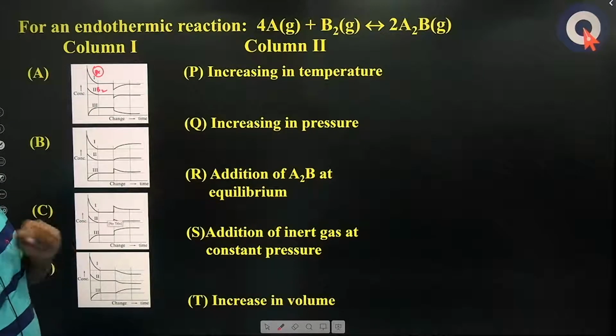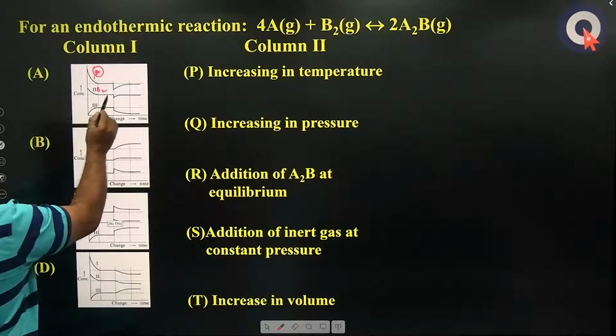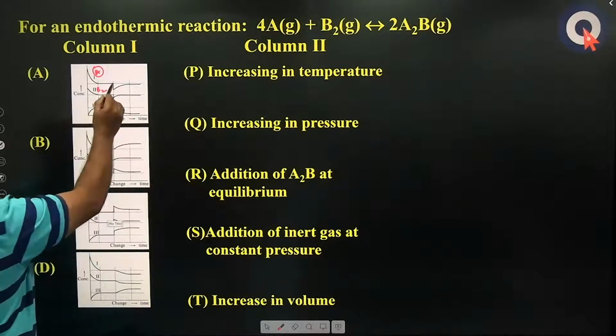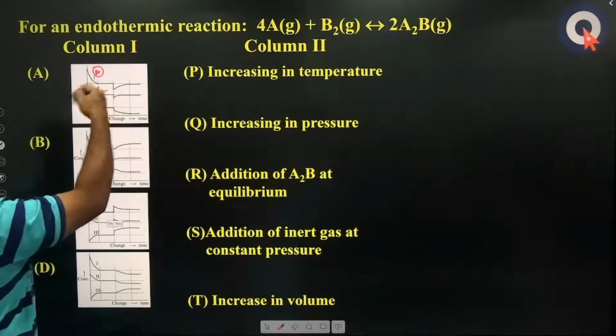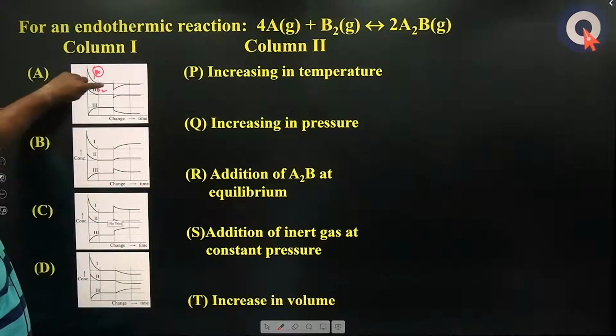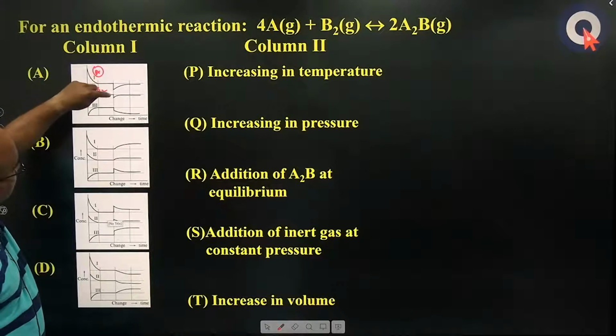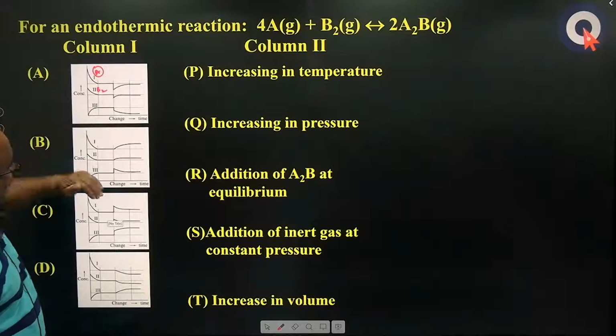So what is now, already this stage is an equilibrium stage. After this, concentrations are decreasing, increasing, something like that. So if you just see the first one, immediately after reaching the equilibrium, you are seeing the concentration of A, B2, A2B, all are falling immediately.